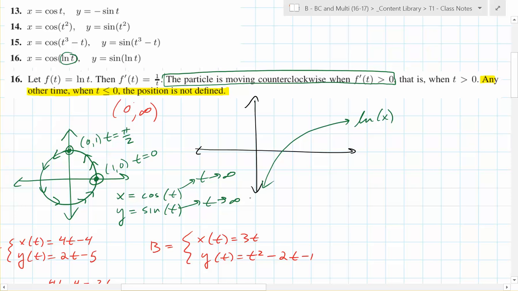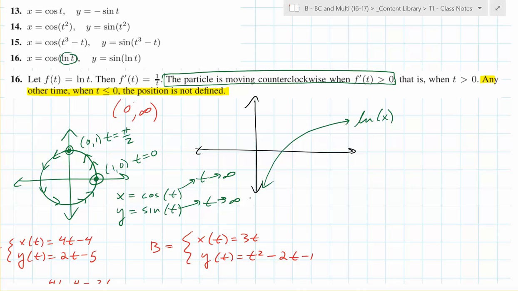ln t always gets bigger, right? How do you know ln t always gets bigger? Because the derivative of ln t is 1 over t. So this thing is always increasing. It gets slower and slower, but does it always increase? Yes, it always increases.